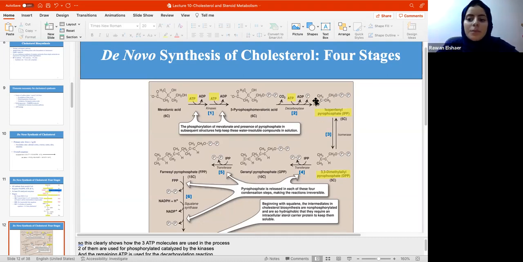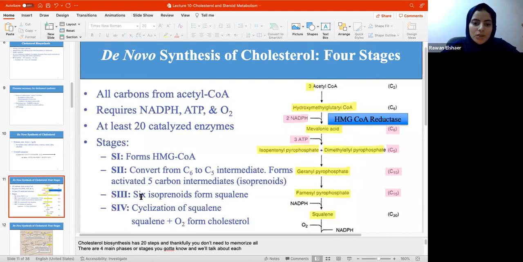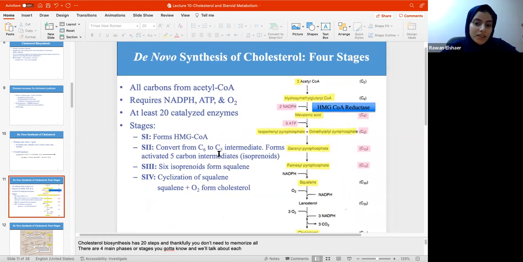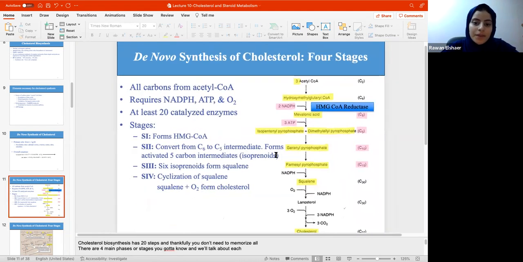And this isopentenyl pyrophosphate is in equilibrium with dimethylallyl pyrophosphate. The arrows showing that it's a reversible reaction help you remember it, because it's the only reversible reaction in the whole thing so far. So that's why they're in equilibrium, and both of them are activated isoprenoids. So that was the second stage, forming this isoprenoid.